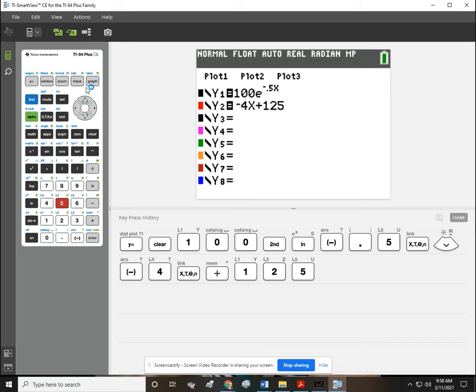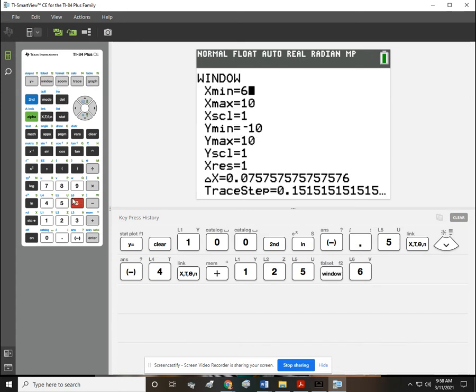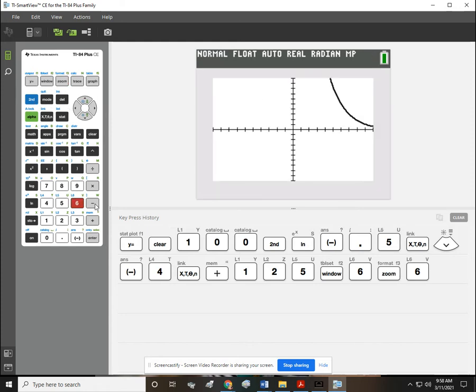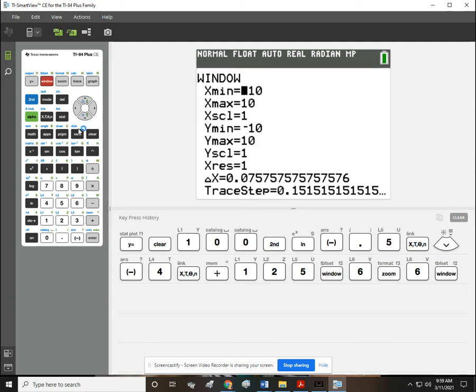I'm guessing my regular window is not going to quite work, so let's expand it a little bit.